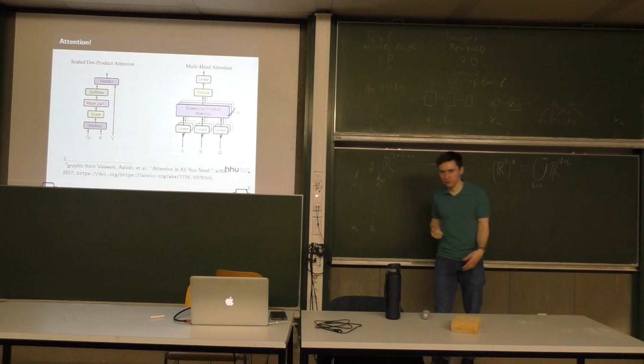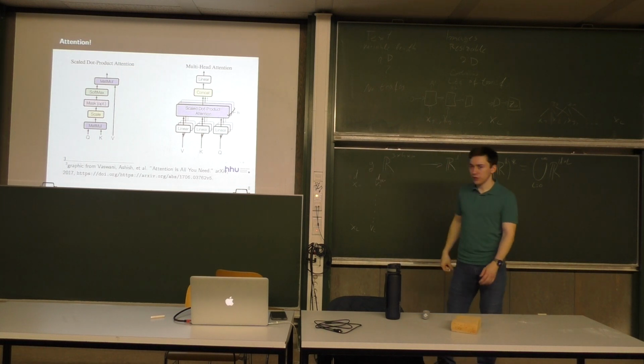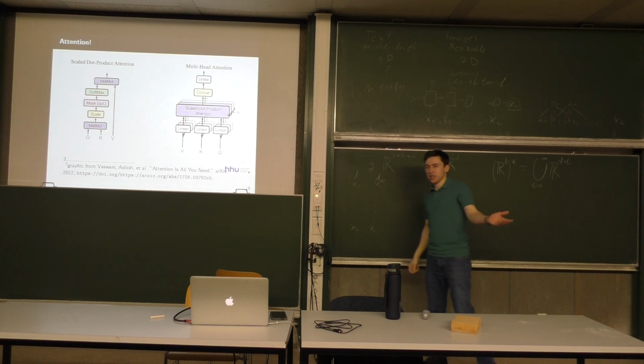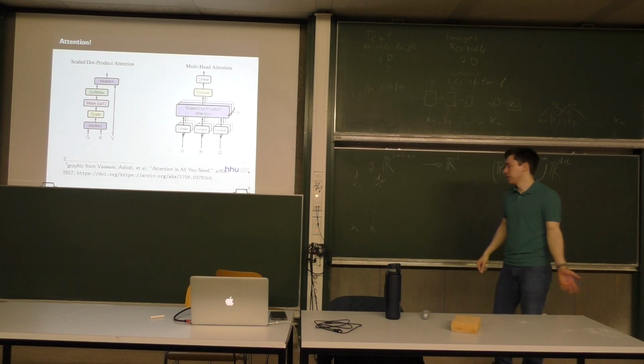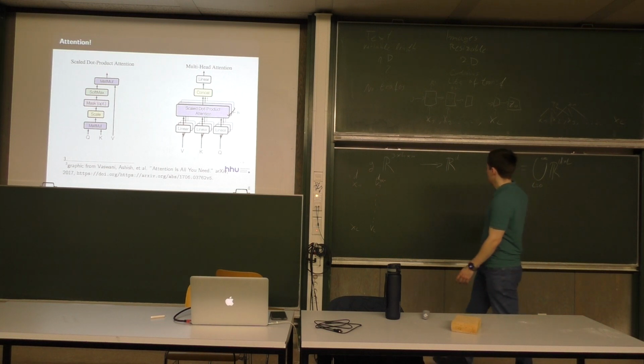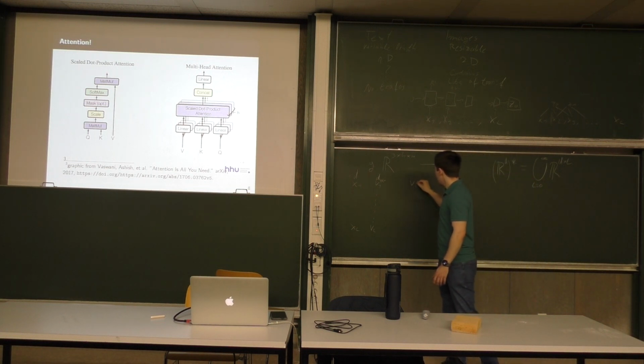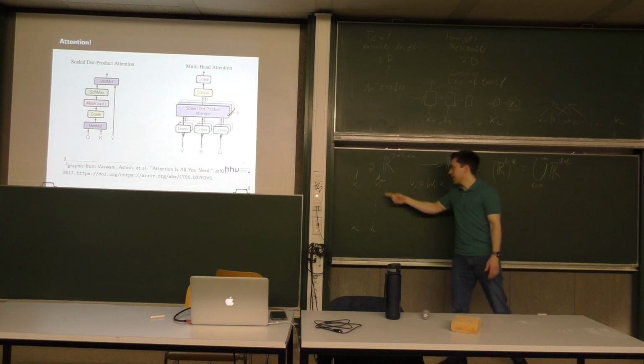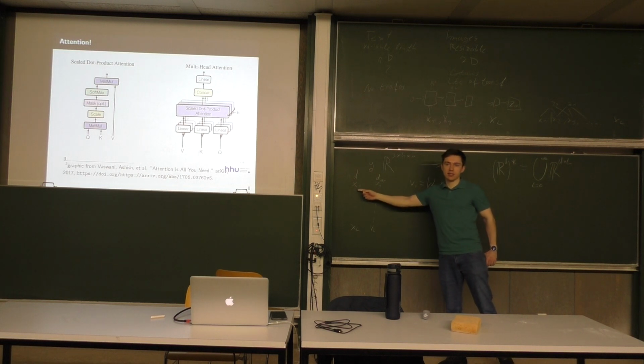This QKV stands for query, key, value. They can be computed in any manner from the input, but usually this is just a simple linear layer. So Vi is equal to WV times Xi, where this is just a matrix. And you apply the same matrix for all vectors in the input sequence.